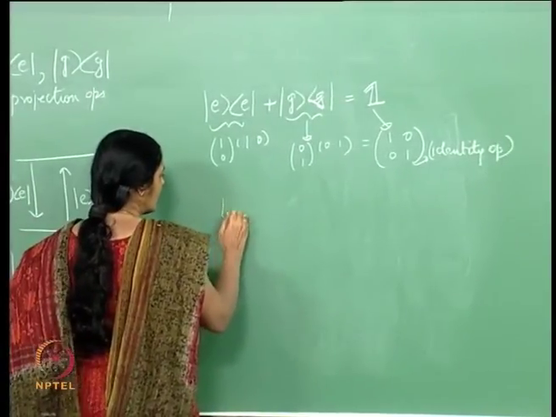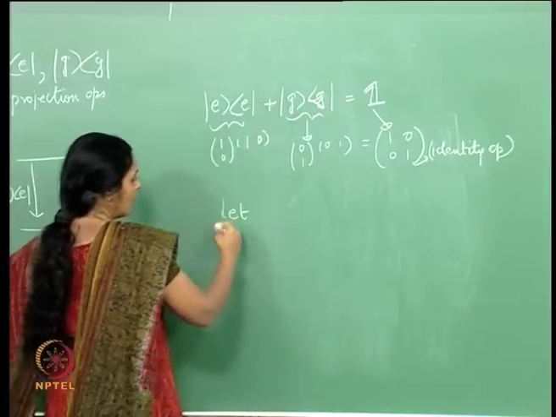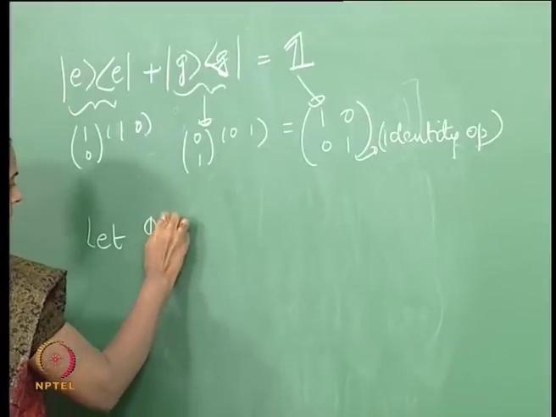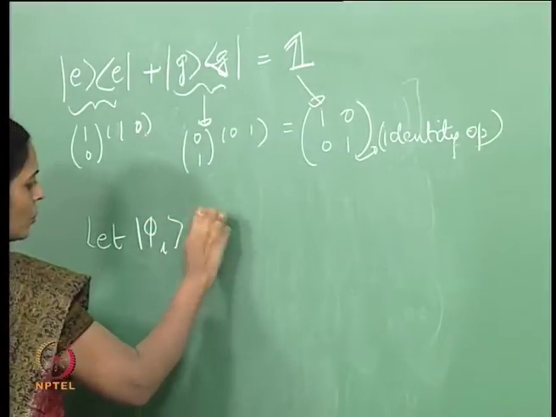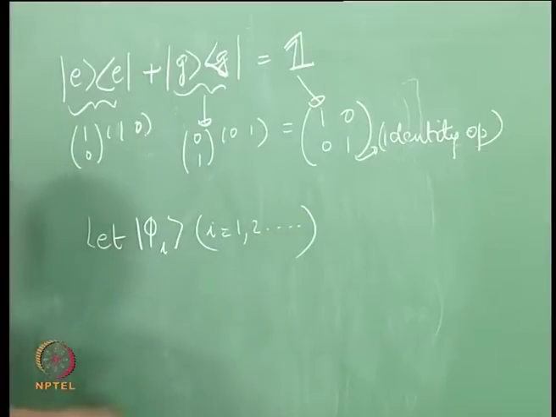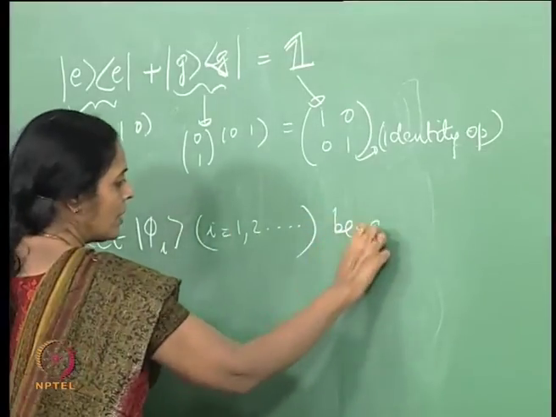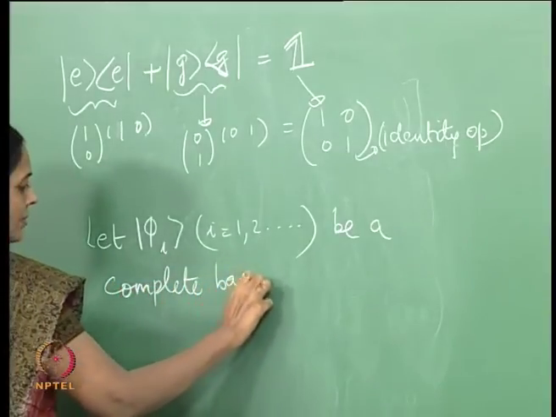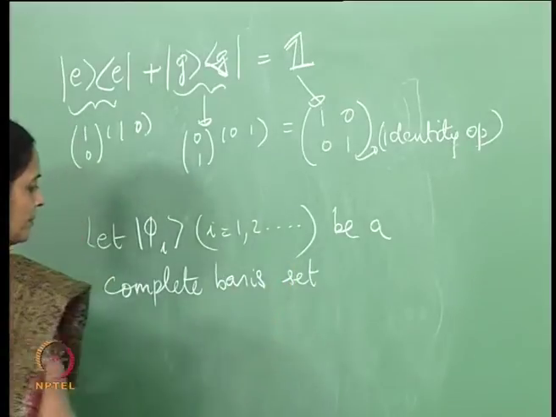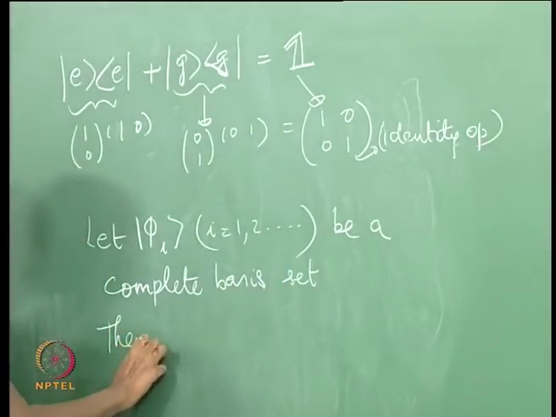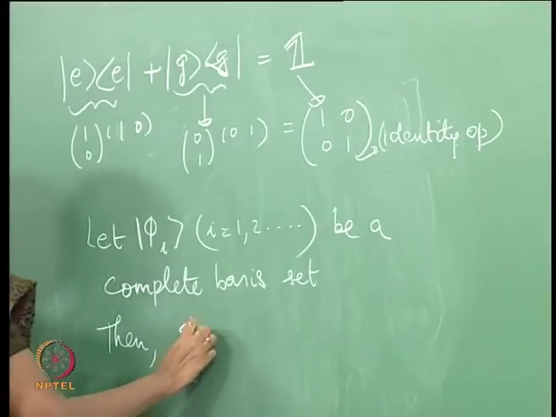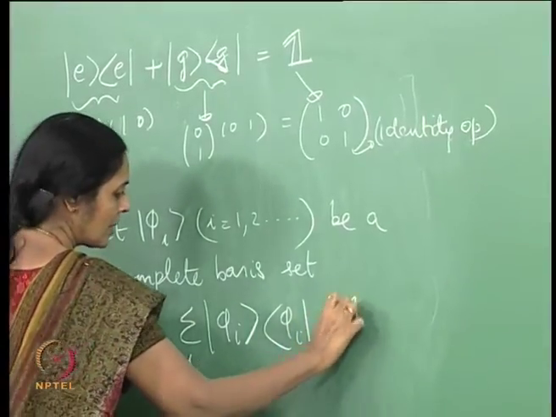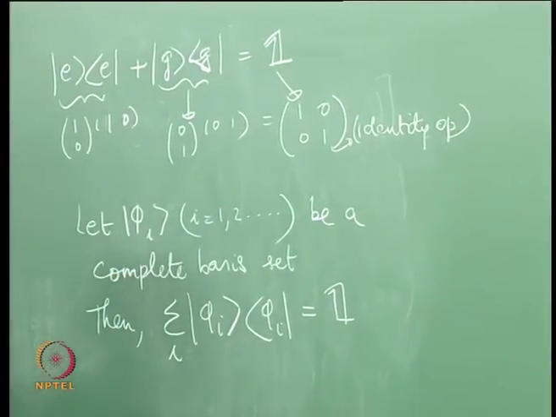In general, this is an example of a statement which says that let φi, with i equal to 1, 2, as many as there are basis states, be a complete basis set, then the summation over i of |φi⟩⟨φi| is equal to the identity operator.